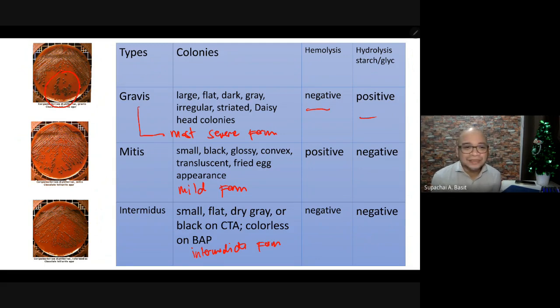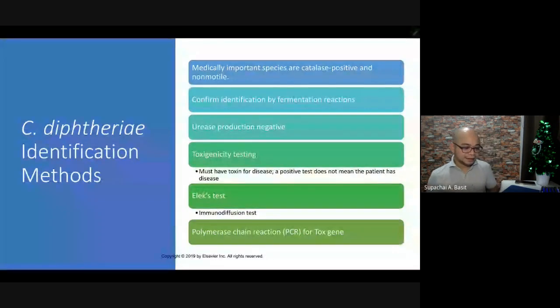These are the three types of colonies of Corynebacterium diphtheriae as shown in cysteine tellurite agar, or the modified Tinsdale medium. So how do we identify them? Medically important species are catalase positive and non-motile. We can confirm them by fermentation reaction, and urease production is supposed to be negative.